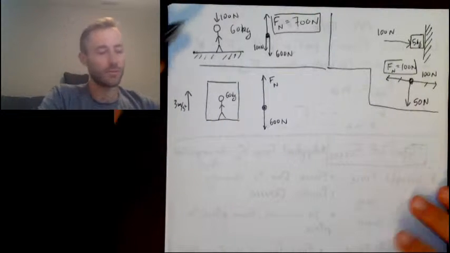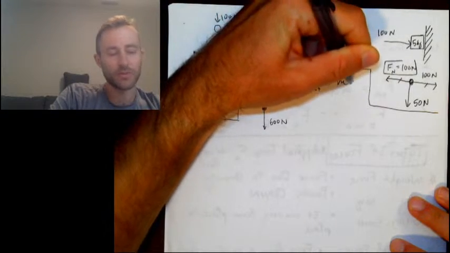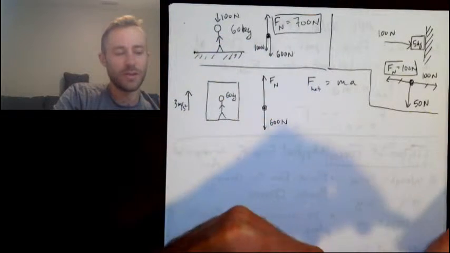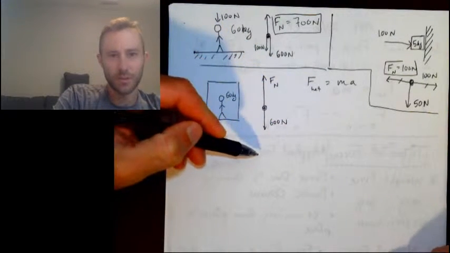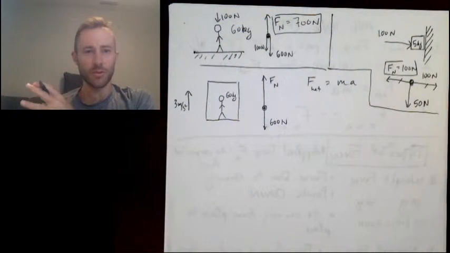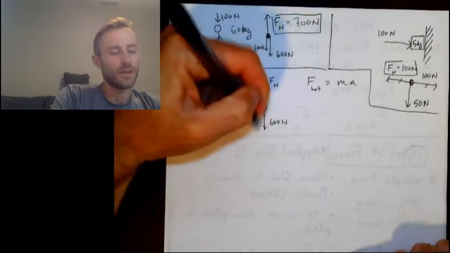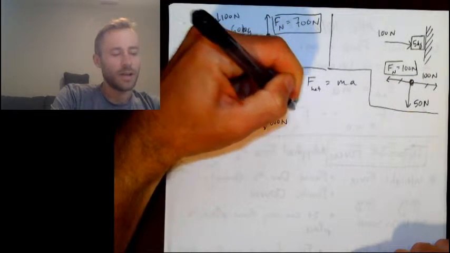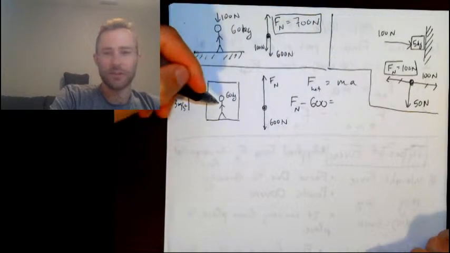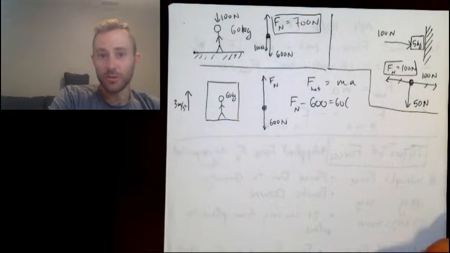So how can we calculate it? Well, we could use Newton's second law. Net force equals ma. So the net force is going to be the upward force minus the downward force. Or if the thing was moving horizontally, it would be the rightward force minus the left force. So we have up minus down. That's going to be F sub n minus 600. And that equals the mass of the person, which is 60, times the acceleration of the person.